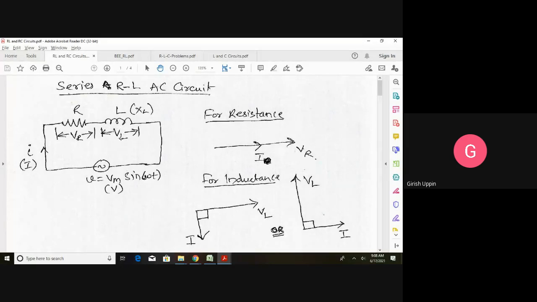And if I draw the phasor diagram, this is on the reference line. I have VL and the current is lagging by 90 degrees. So you can see it is lagging by 90 degrees, and this is the current. Just for the understanding, think you are going to tilt this one anti-clockwise, so you get I here and VL here.